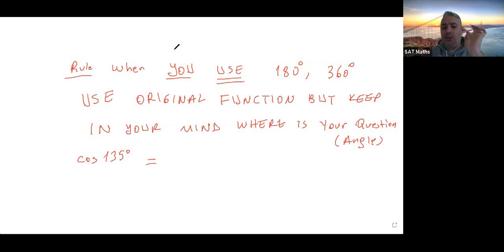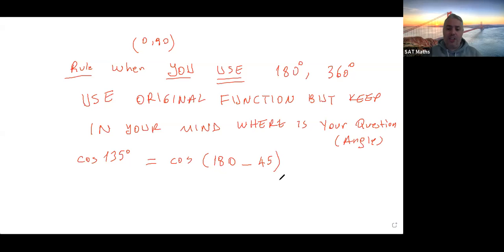My aim is to express the question as an angle between 0 and 90 degrees. So I will modify this. I will do something and the result will be an angle between 0 and 90. So cosine of 135 is equal to cosine of 180 minus 45 degrees.